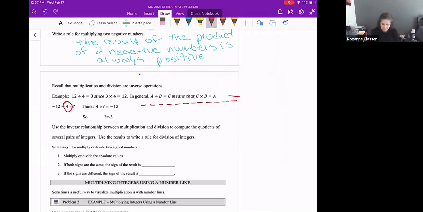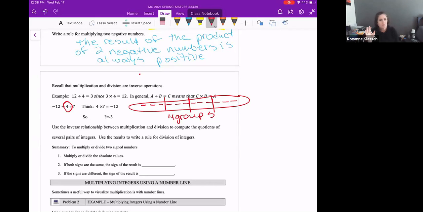So I'm going to split this negative 12 into 4 groups. Well, there's one group, there's one group, there's one group, there's one group. So there's 4 groups. So 4 groups of negative 3 gives me negative 12. Right? 4 groups of negative 3.